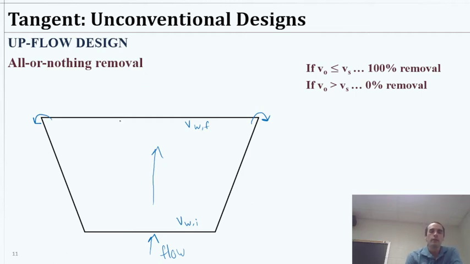And it turns out that the sedimentation velocity downwards needs to be essentially just barely over this V upwards, the flow of the water upwards, in order for us to have sedimentation.